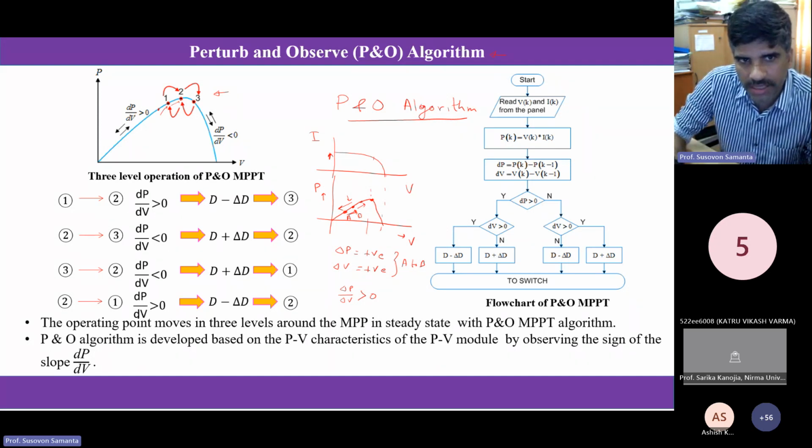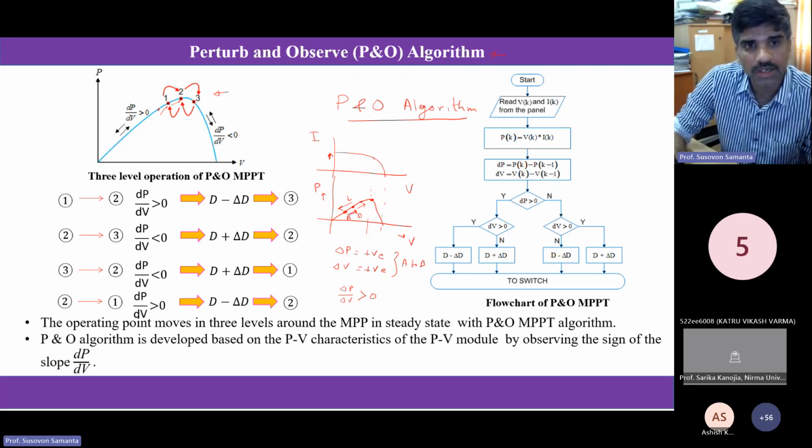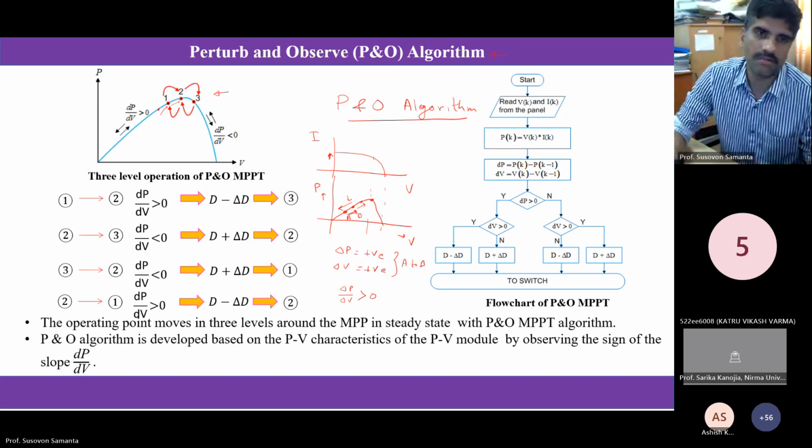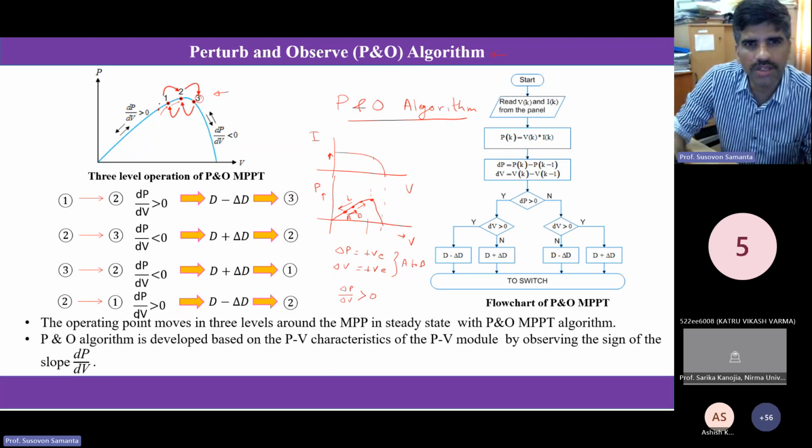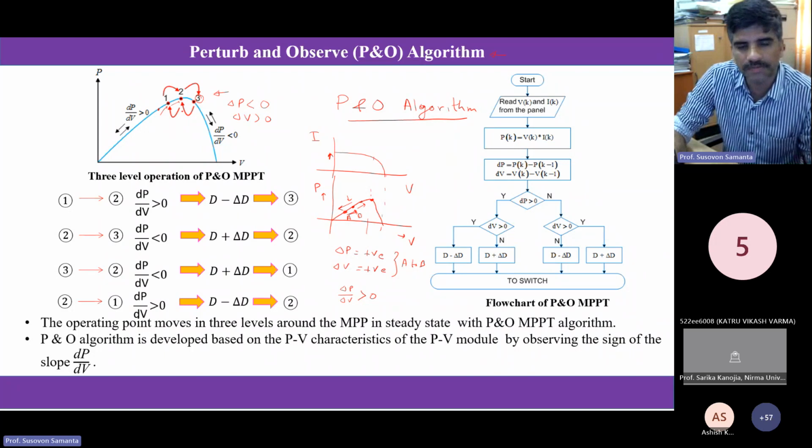At point 2, again the difference in power and the difference in voltage are both positive. So again I should increase the panel voltage, and I will come to 3. But at 3, your power is actually reduced. So del P at 3 is less than 0, but del V is greater than 0, because your voltage has still increased.